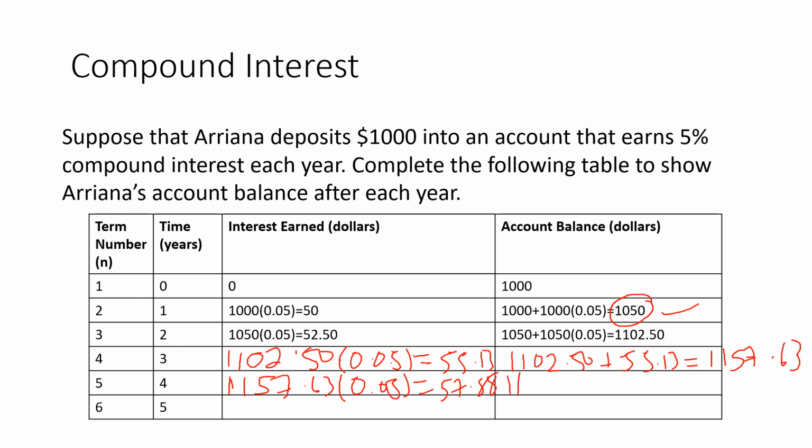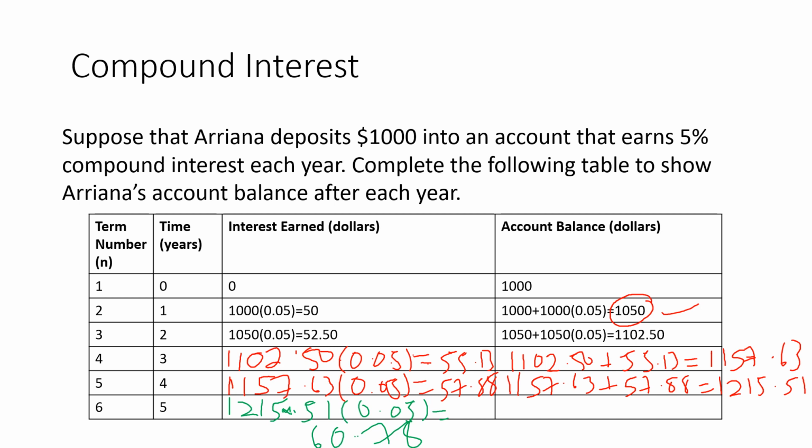Now you add 1,157.63 plus 57.88, which is 1,215.51. Then we use the same thing: 1,215.51 times 0.05 is equal to 60.78.